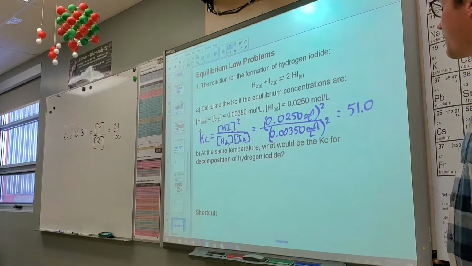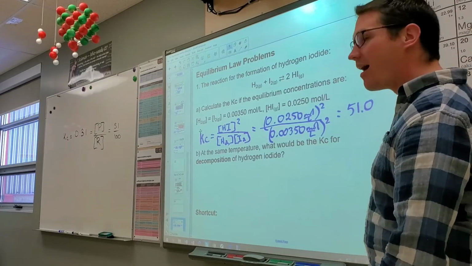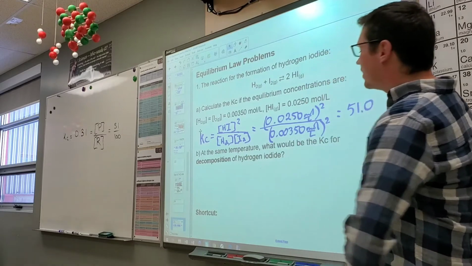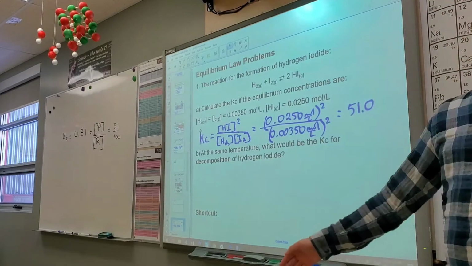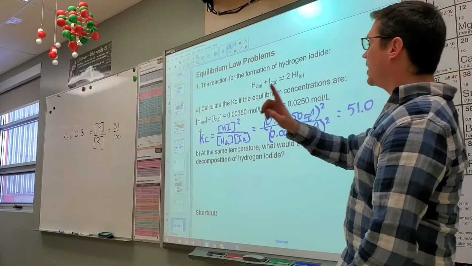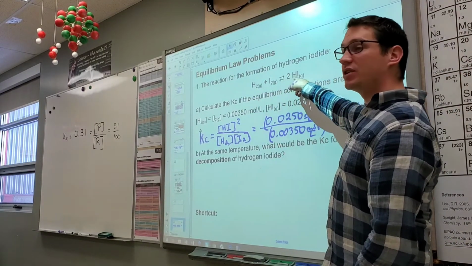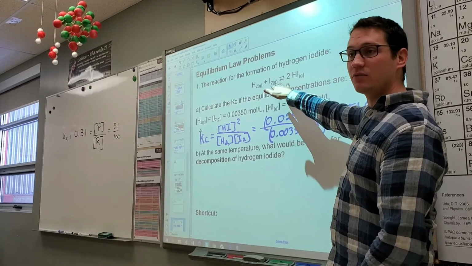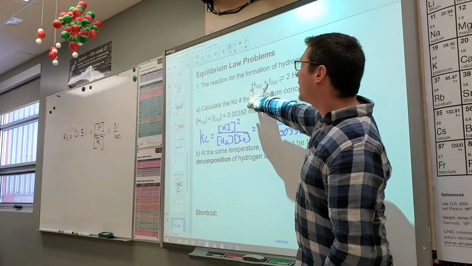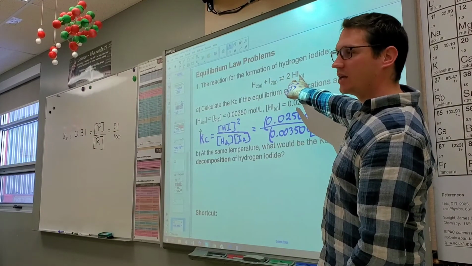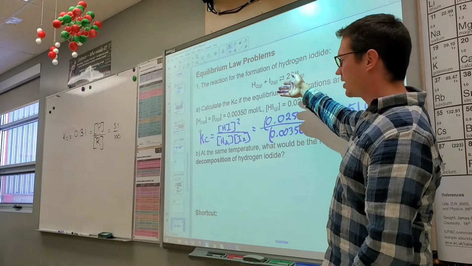Good. Okay. At the exact same temperature, what would be the Kc for the decomposition of hydrogen iodide? Now, this is the formation of hydrogen iodide. The way this reaction is written right now, we're taking the elements and combining them to form hydrogen iodide. So we call that a formation reaction.